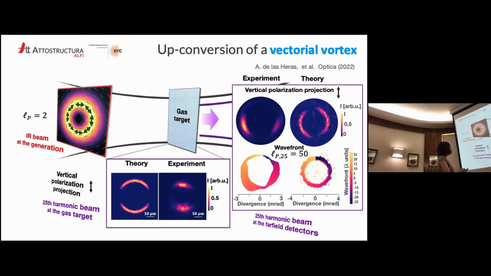If we observe the vertical polarization projection at the gas target, this will correspond to a radial polarization. But if we observe the same component at the far field, this would correspond to nearly azimuthal polarization.